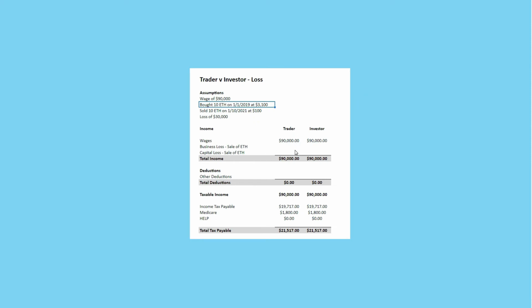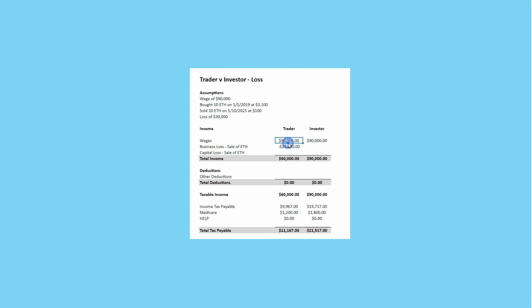So as a trader, remember our profits and losses are included as a business profit or business loss. And for a lot of situations, a business loss can be offset against other types of income, meaning we will put in our $30,000 loss into our tax return.